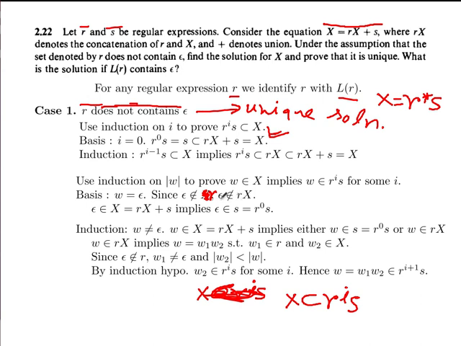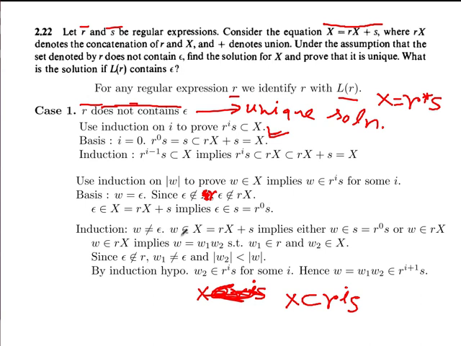Since epsilon cannot be here, if epsilon is in X, then epsilon must be either here or here, but we have proved that it cannot be here, so it must be here. And this S is R0S, so for some I, this I here is 0. So the base case is done.